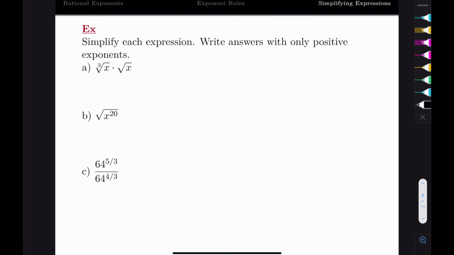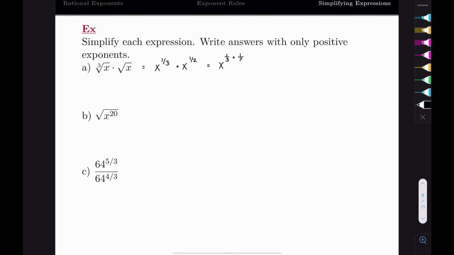So this first one, we have the cube root of x times the square root of x. So to be able to apply our exponent rules, let's flip these to those rational exponents. So cube root is the same thing as 1/3 power. Square root is the same thing as 1/2 power. And now, because they have exactly the same base, we can go ahead and just add those exponents.